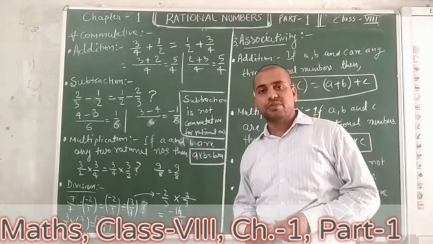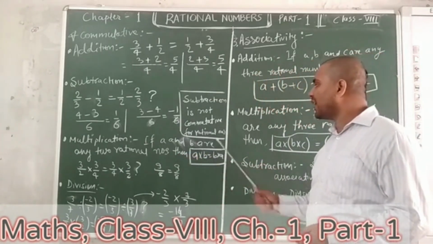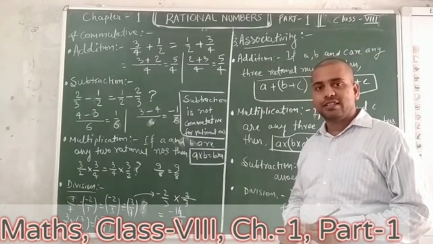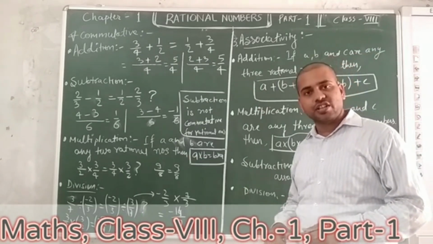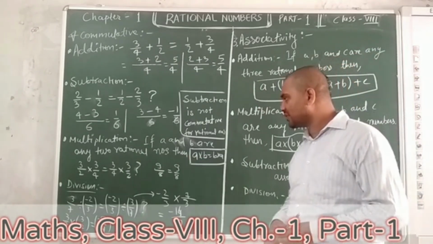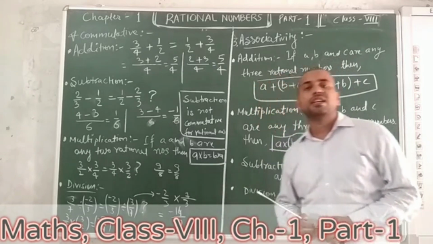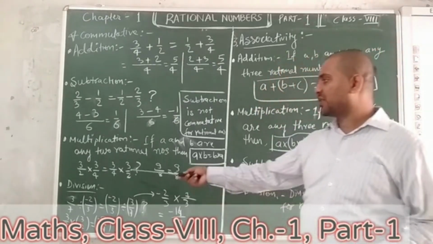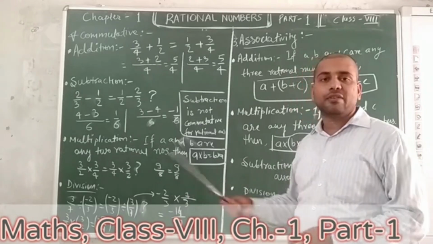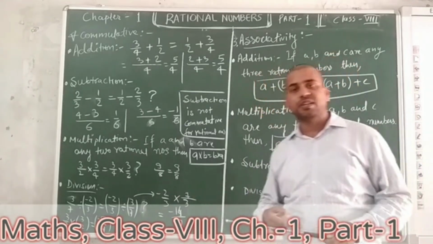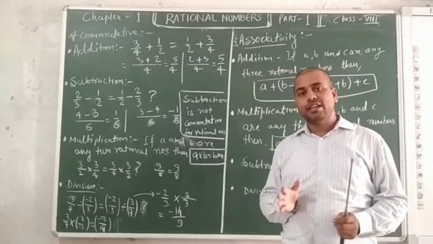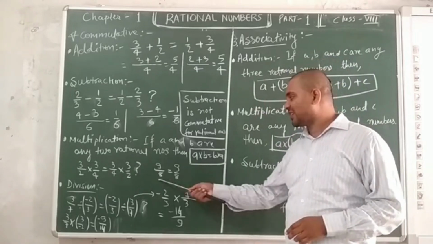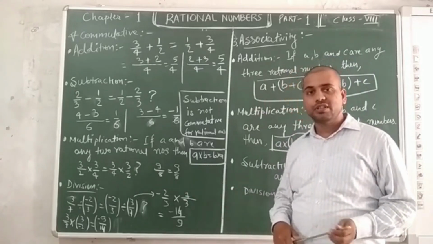Now for multiplication we will check. If a and b are any two rational numbers, then a into b is equal to b into a. We will see with one example also, and when you multiply, a into b is equal to b into a, then you will see that LHS and RHS both are the same.